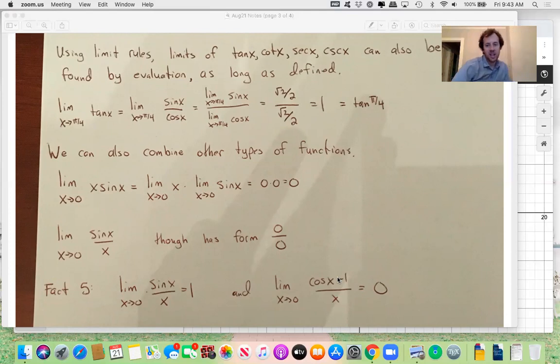And a kind of similar limit that's also indeterminate is cosine x minus 1 over x as x goes to 0. So if you put 0 into this function, cosine of 0 is 1, 1 minus 1 makes the top 0, and also the bottom is 0.